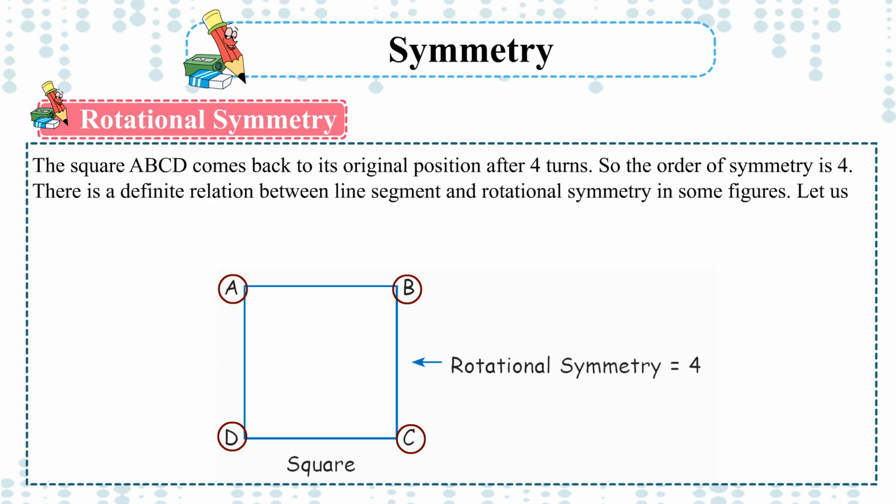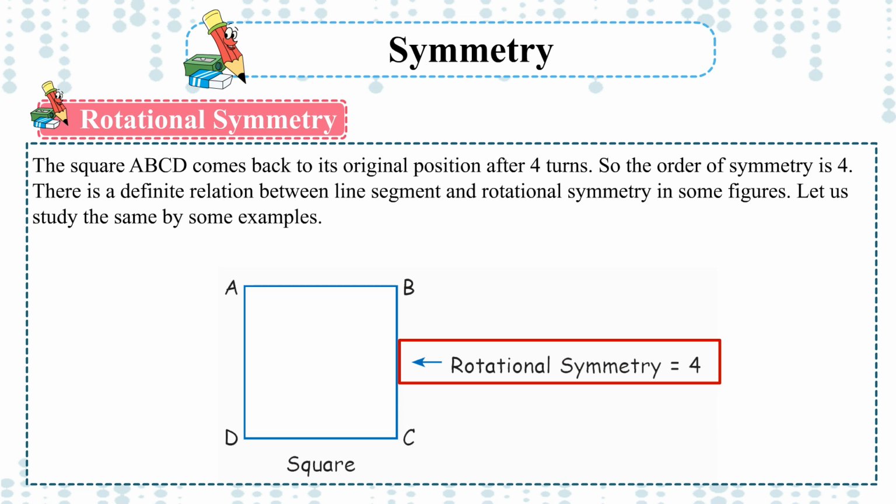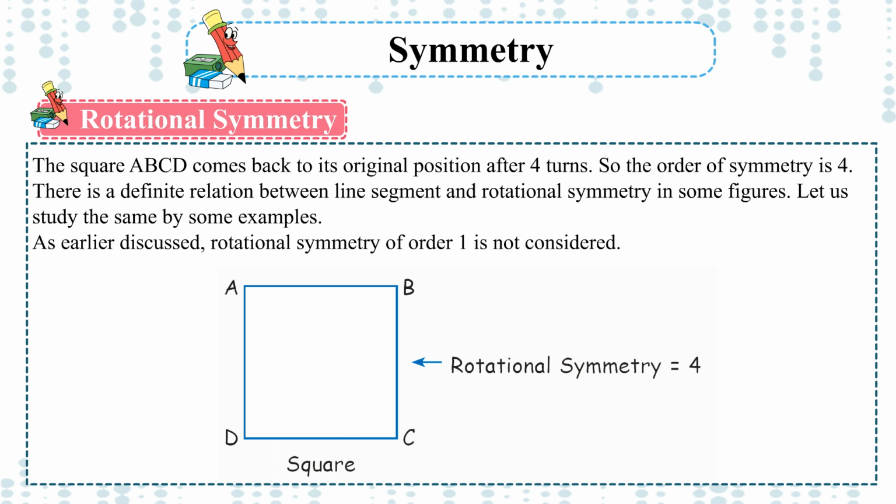There is a definite relation between line segment and rotational symmetry in some figures. Let us study the same by some examples. Rotational symmetry is equal to 4. Square. As earlier discussed, rotational symmetry of order 1 is not considered.